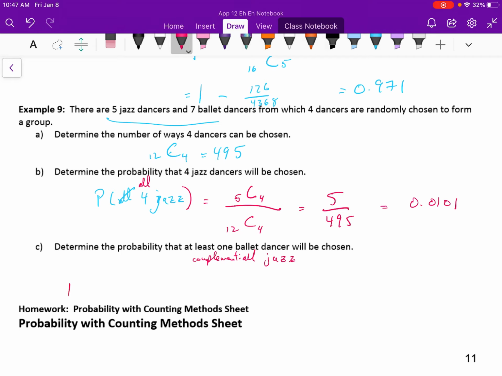So the probability of choosing at least one ballet dancer is going to be 1 minus the probability of all jazz. That is equal to 1 minus 0.0101. Exactly, we figured out the probability of having all jazz. And that leads me to the probability of 0.9899.